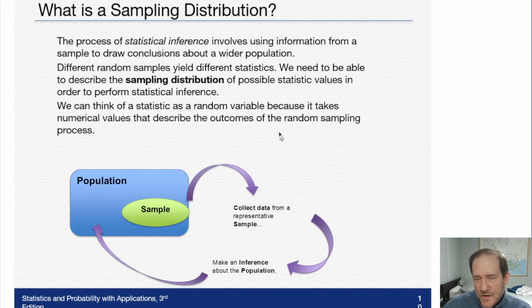So it's almost this circular thing. You already knew what your population was, but it was too big to fully understand. So you draw a smaller sample where you can more reasonably measure some kind of sample statistic. And then if you've drawn a good representative sample, and if you've gotten a little bit lucky, then that sample gives you information that goes back to the population. And that's a good thing. Let me just keep moving on.